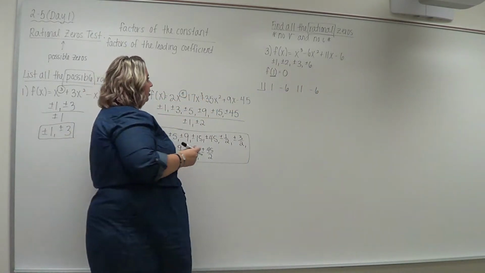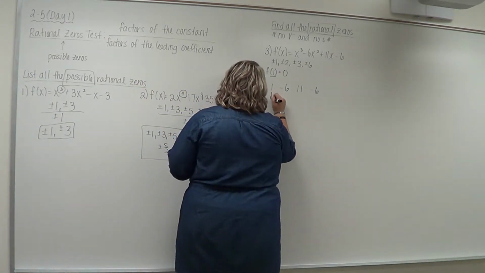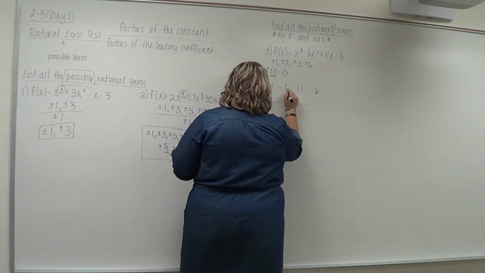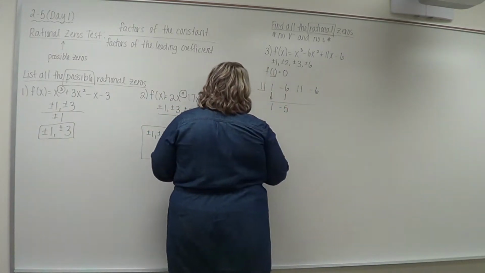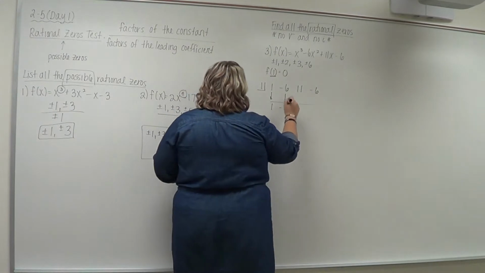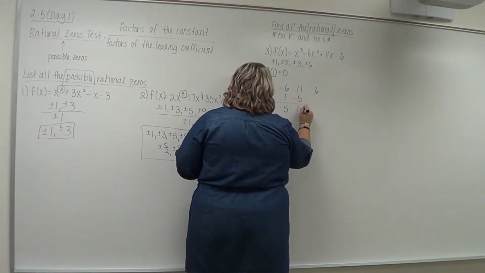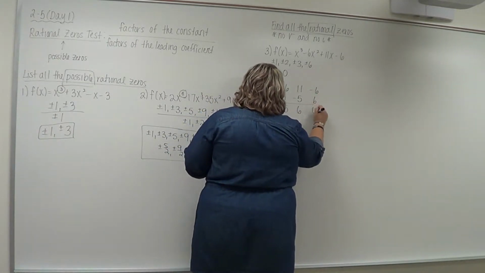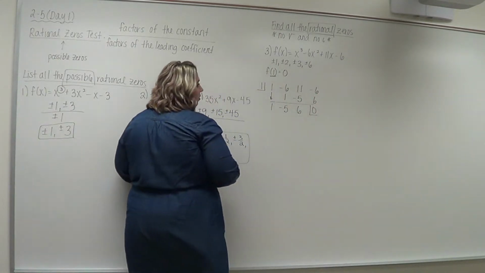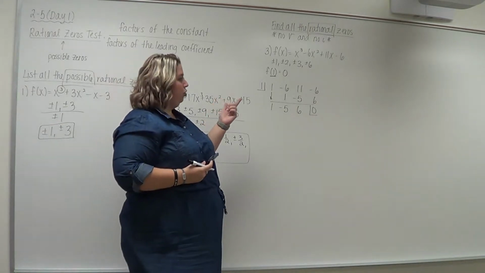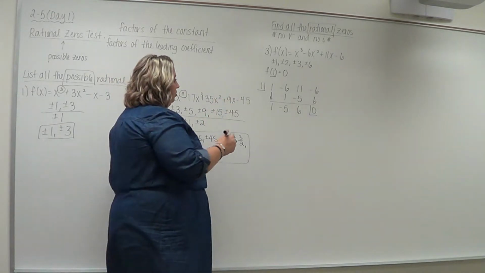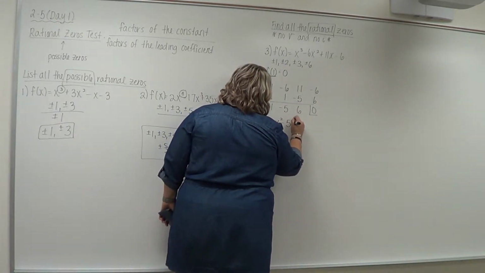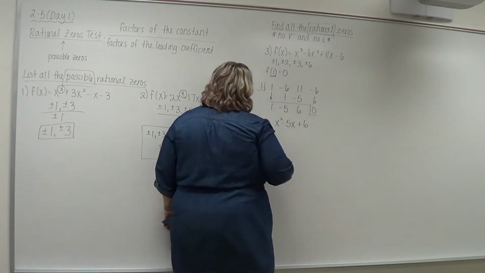Then I bring down the first number. Multiply, 1 times 1 is 1, add down is -5, 1 times -5 is -5, add down is 6, 1 times 6 is 6, add down is 0. So we were x cubed, we divided once, so now we're at x squared. So this is x squared minus 5x plus 6.